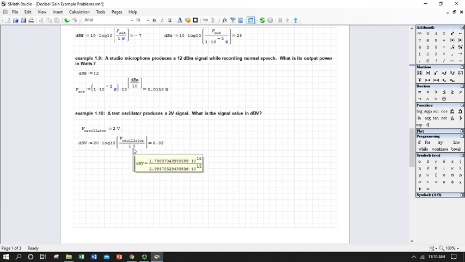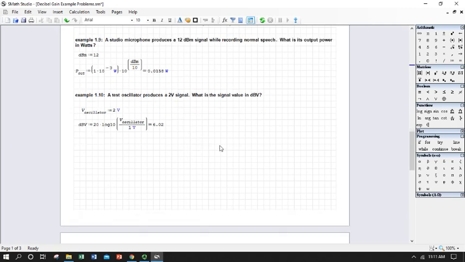Our reference voltage is 1 volt, because that was indicated by the capital V in the dBV. And I have the 20 multiplier log base 10 because I'm on the decibel equivalent power scale. And so I just solve this equation and I get 6. So our 2 volts is also a dBV of 6.